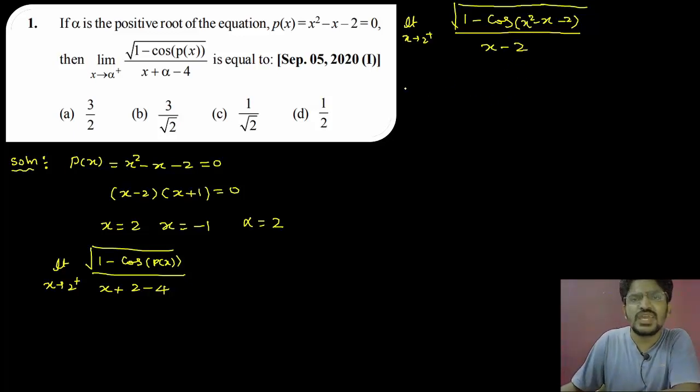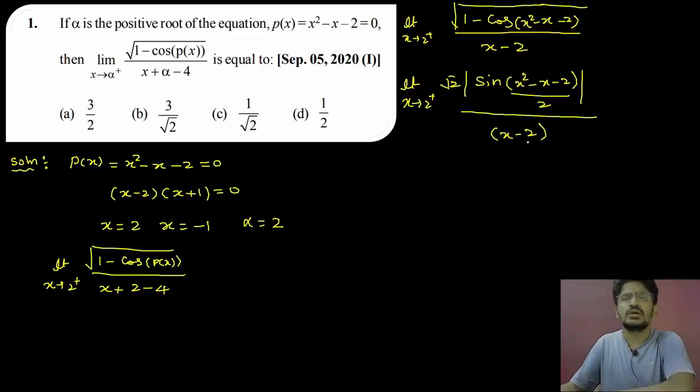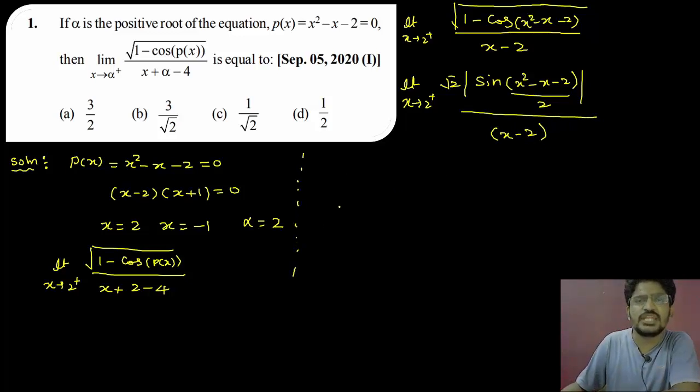Clear? We can write this as limit x tending to 2 plus, 1 minus cos of x square minus x minus 2, as mod of root 2 sine of x square minus x minus 2 divided by 2, by applying the formula of 1 minus cos theta, divided by x minus 2.